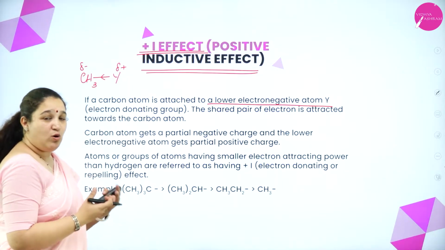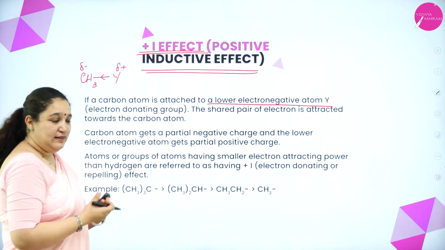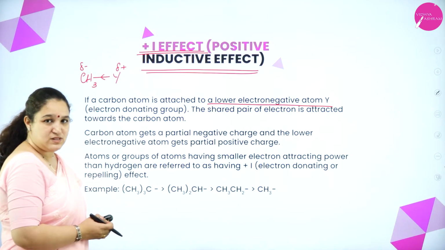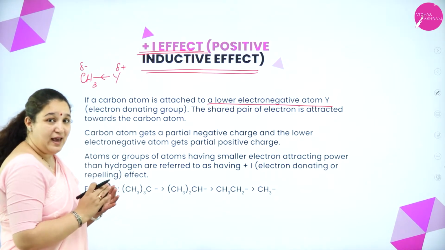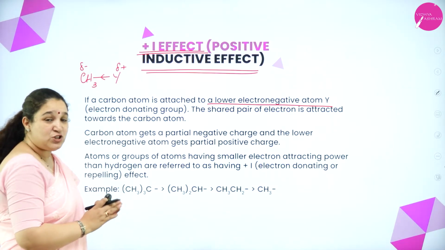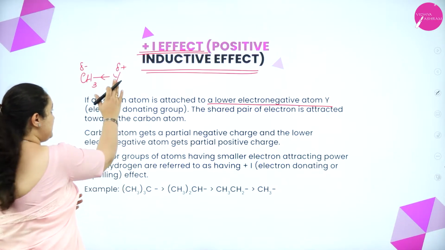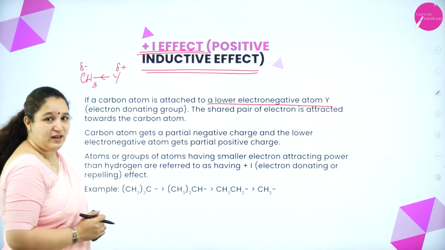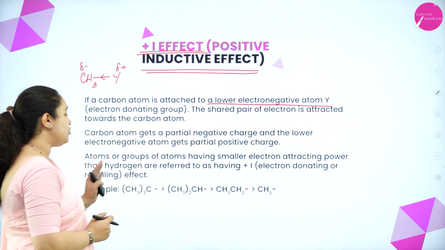Or I can also put it in a different term: if the electrons are pushed away from the substituent, then we call it the plus I effect. So which are the ones which show plus I effect?